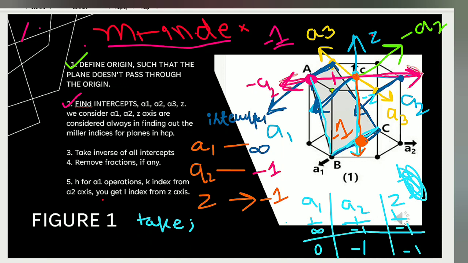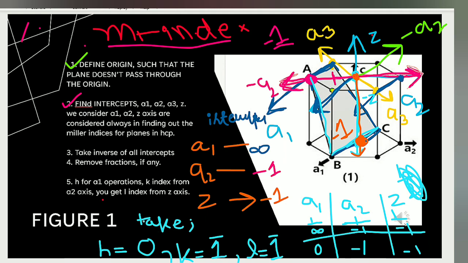For A1 we got H equal to 0. For A2 we got K equal to -1, which we can write as 1 with a bar over it. And for Z we got L, which is -1, so 1 with a bar over it.